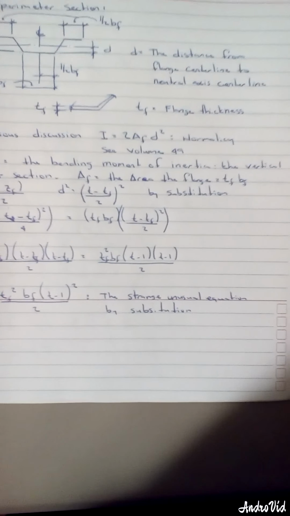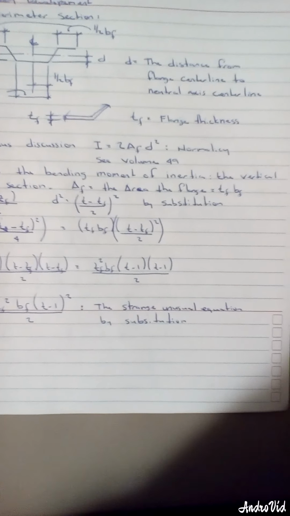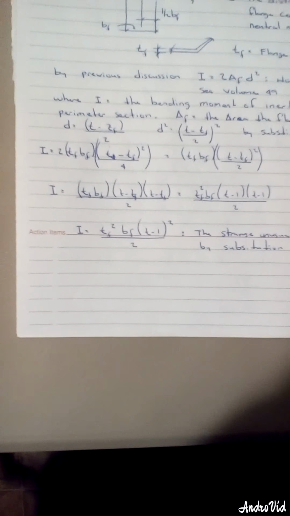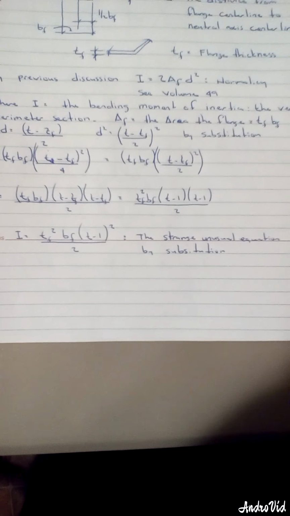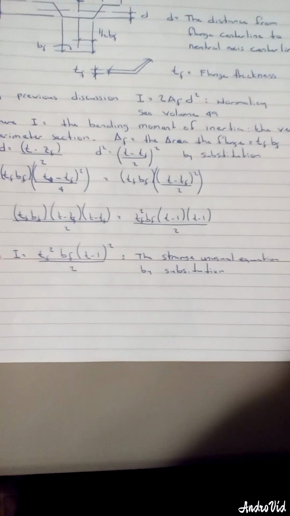And so then we take a t sub f out of that portion, and we have t sub f squared b sub f times T minus 1 times T minus 1, and then that whole quantity on the top divided by 2. And so then our strange, unusual equation by substitution is said to be I is equal to t sub f squared b sub f times the quantity T minus 1 squared, and that whole top term then divided by 2.